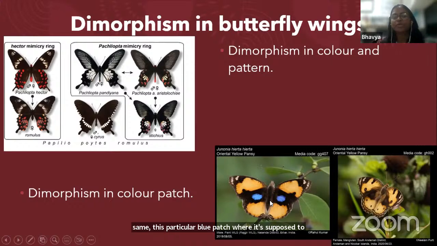So this is what I mean by dimorphism in a color patch versus a dimorphism in a pattern. So I hope with this, there is an idea of why there may be male-female differences, mainly because it serves as a communication channel between the sexes of a single species.